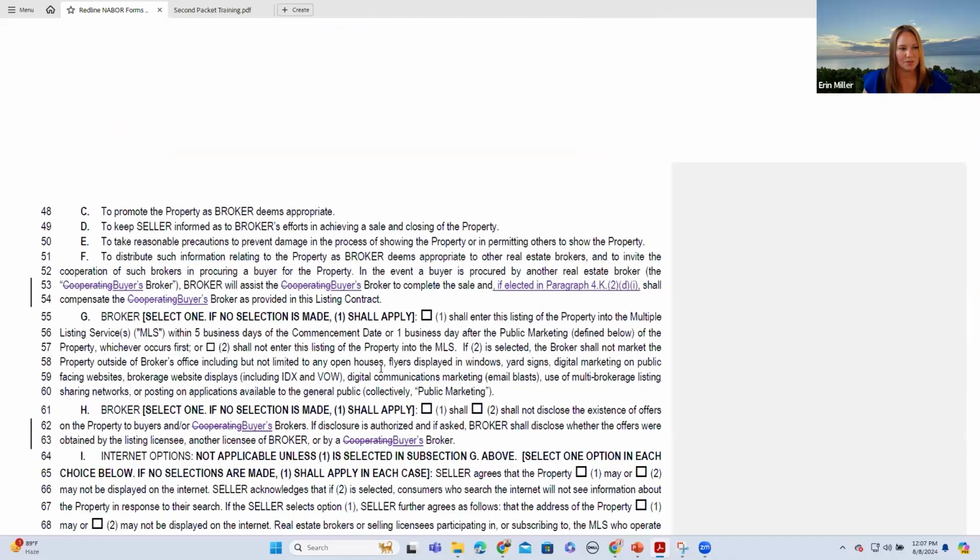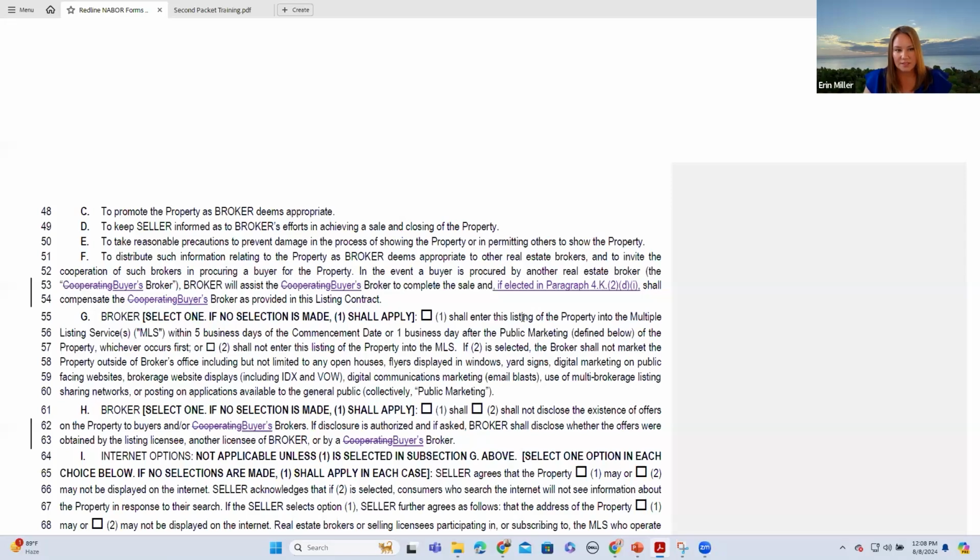We're scrolling down to line 51 to 54. Again, under obligations of our seller or our broker is to distribute information about the property, invite the cooperation of other brokers to procure a buyer of the property. In the event a buyer is procured by another real estate broker, we're calling them now, again, the buyer's broker, not cooperating broker, the buyer's broker.